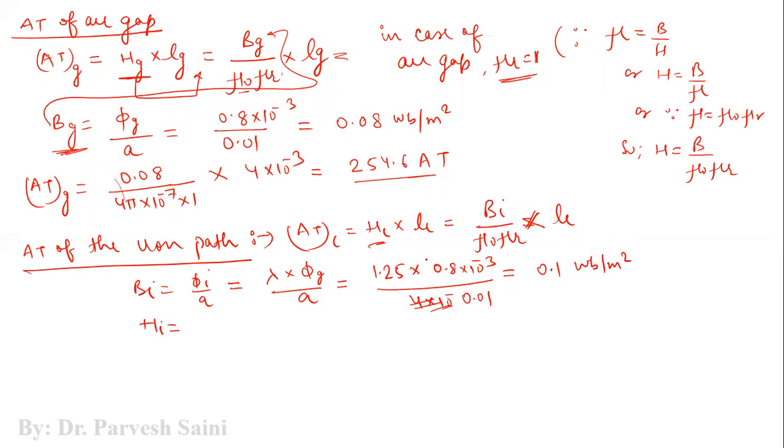So Hi is equal to, we can substitute this here, right? So we will get ATI directly. ATI is equal to 0.1 divided by 4 pi into 10 raised to the power minus 7 into the relative permeability, which is given as 400 for iron, and the length of the iron Li is 1.5 meter.